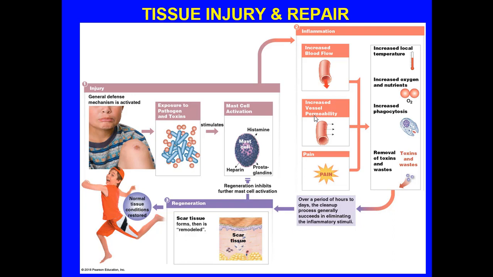Now, regeneration inhibits further mast cell activation. Once we've started triggering regeneration, scar tissue forms, which is then remodeled, and eventually below the epidermis, in the dermis area, you get a buildup of new vascularization and new tissue.